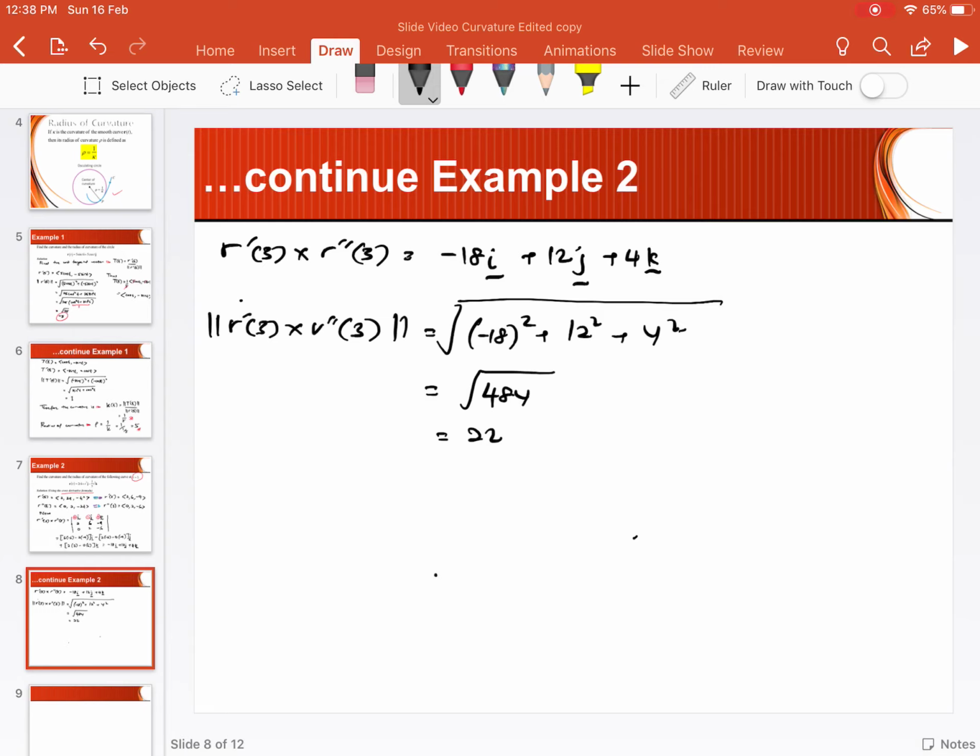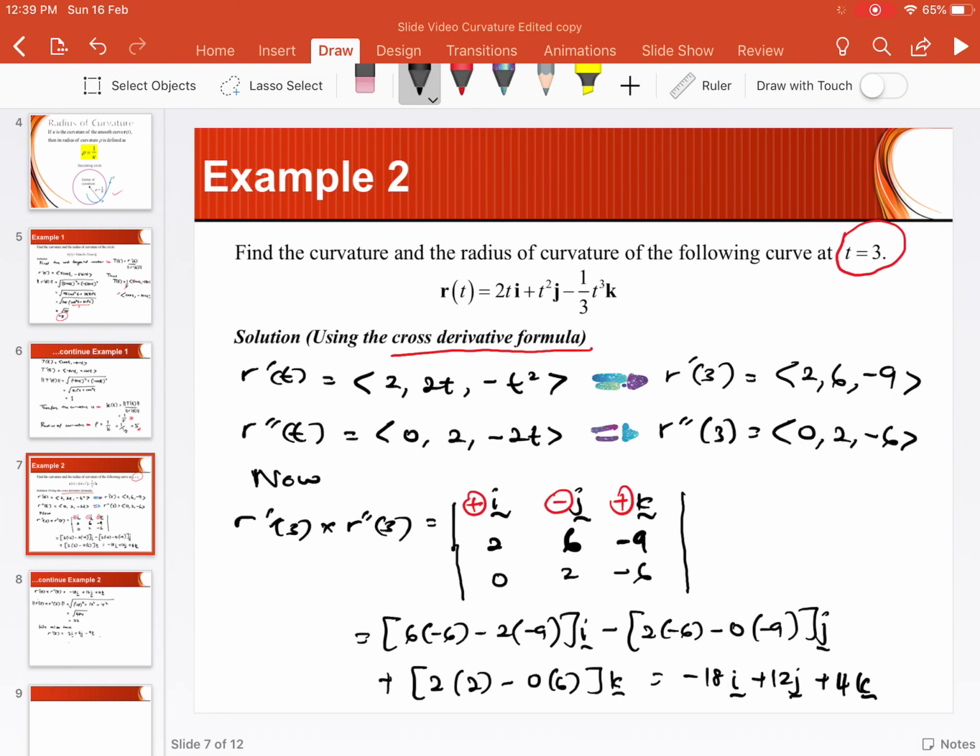Okay, we also have r prime 3 equals 2i plus 6j minus 9k, right? From here.